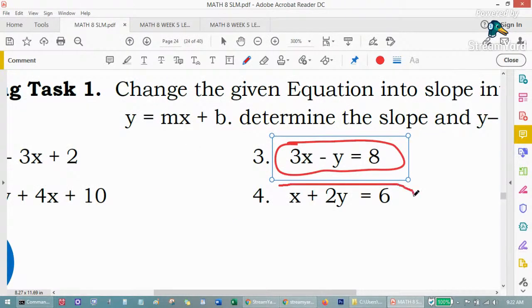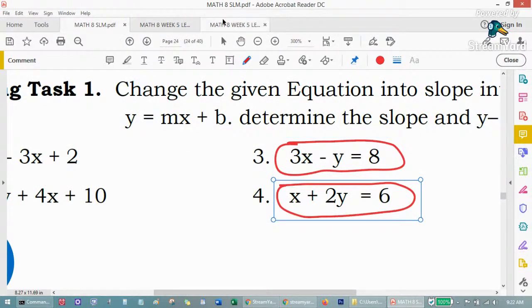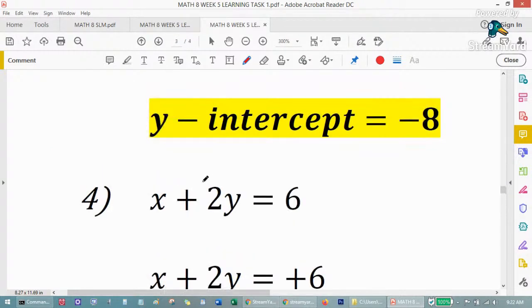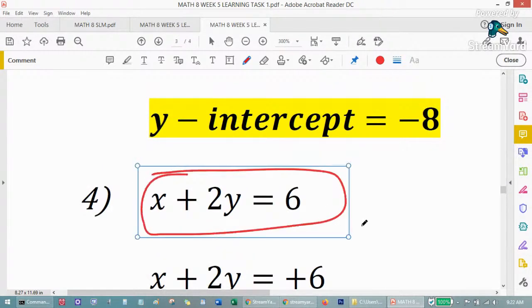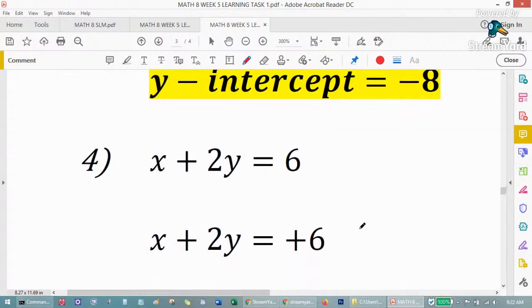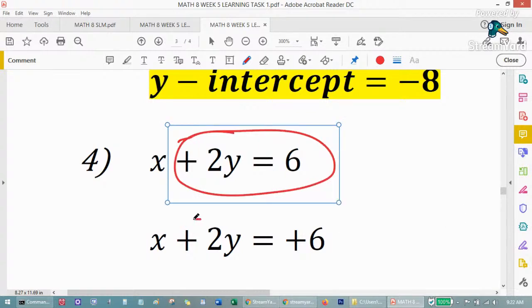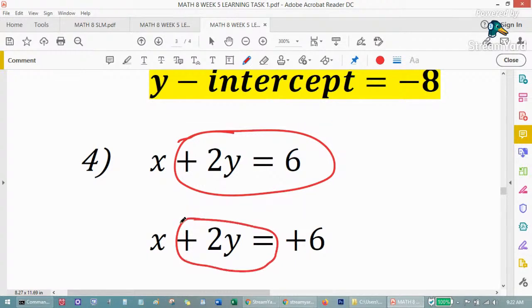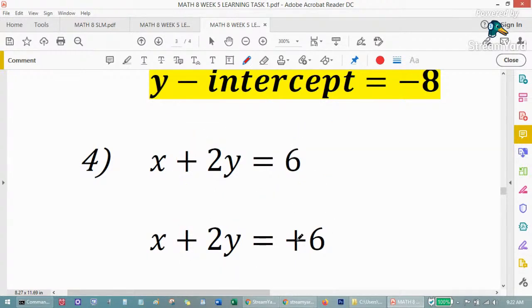Number 4, x plus 2y is equal to 6. So, ganun din ang gagawin natin. Pag-isahin muna natin ng 2y is equal to 6. Unang ginawa is yung 6, nilagyan muna ng plus. Kasi magkakaroon siya ng bagong katabi.